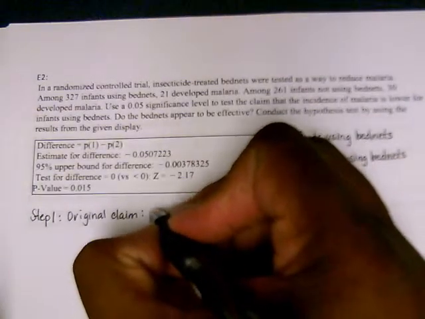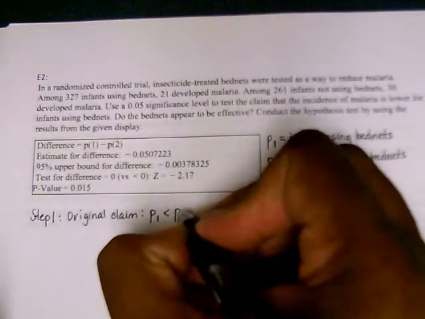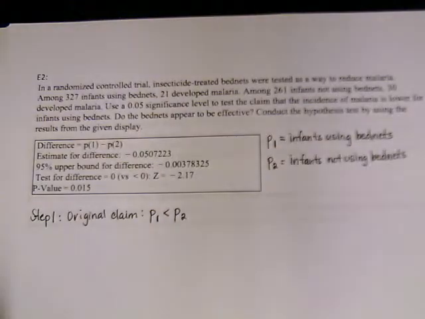So it would be P1 less than P2. We want it to be lower for infants using bed nets, so we have to use the less than symbol for the original claim.